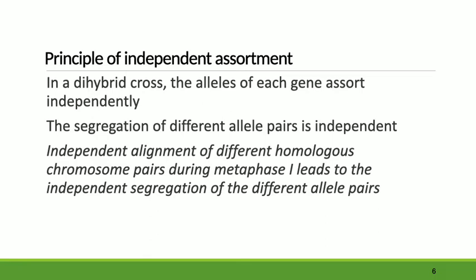So as long as the two traits we're talking about, in this case, the shape and color of the seeds, are physically located on separate chromosomes, then this principle of independent assortment applies. So let's look at understanding this principle for a dihybrid cross by looking at meiosis again.